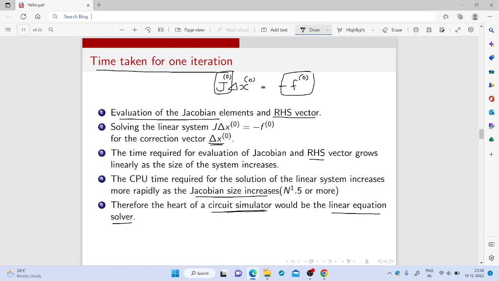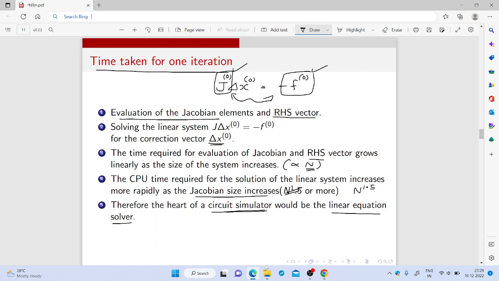The time required for evaluation of the Jacobian and the right hand side vector will grow linearly as the size of the system increases, and the CPU time required for solving this linear system usually increases at a much faster rate. Okay, here this time increases directly proportional to n, the size of the system.